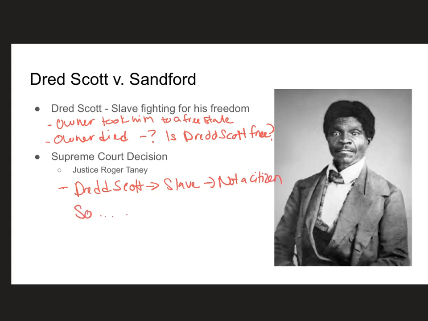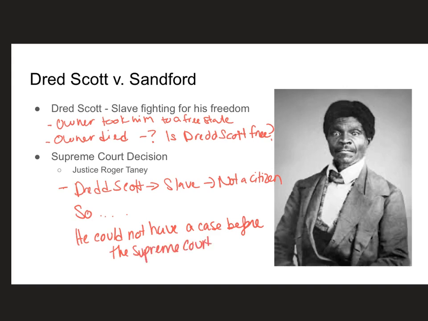So he could not have a case before the Supreme Court. This is a huge ordeal. It caused a lot of controversy, a lot of problems between the abolitionists and pro-slavery groups.